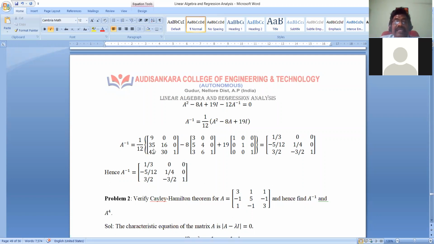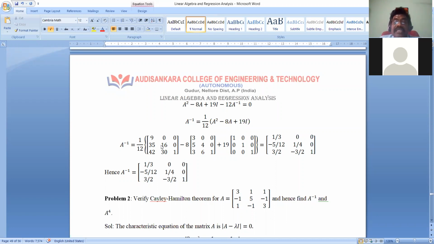Next, we want to find the second row of A inverse. That is 35 minus 40, minus 5, 0 minus 5 by 12.